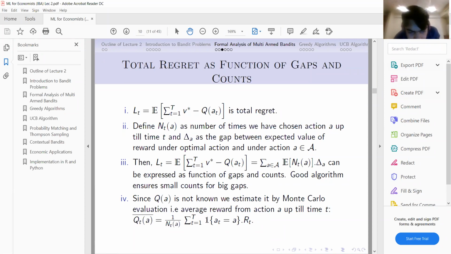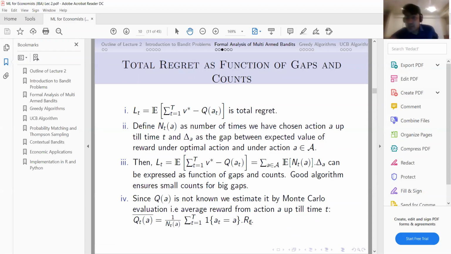This is just an indicator variable, which just takes a value equal to 1 when the event that AT is equal to A is true, and since T is varying, if you choose something else and not the action A, some other action, then this will be just equal to 0. And obviously you don't get any reward from action A in that case because you never chose it. But over time, you just sum up this indicator variable times the reward that you get at time t, which is what you observe.